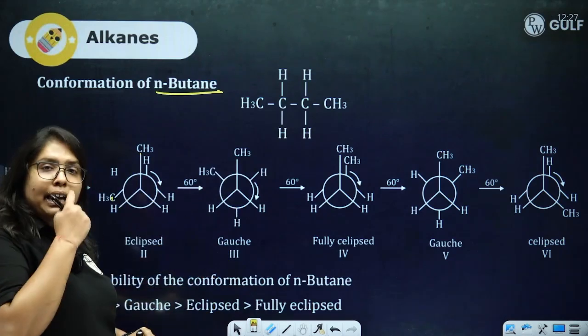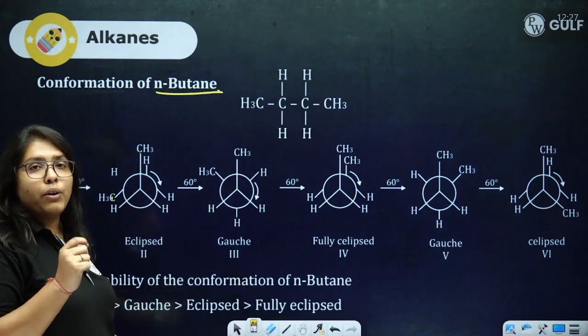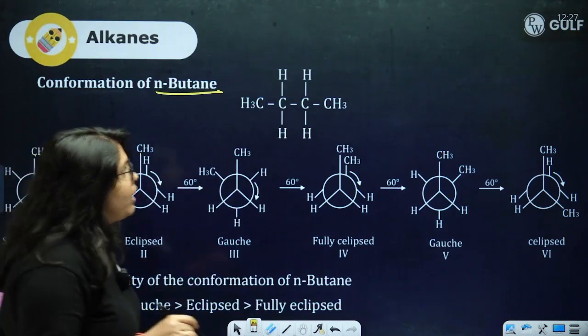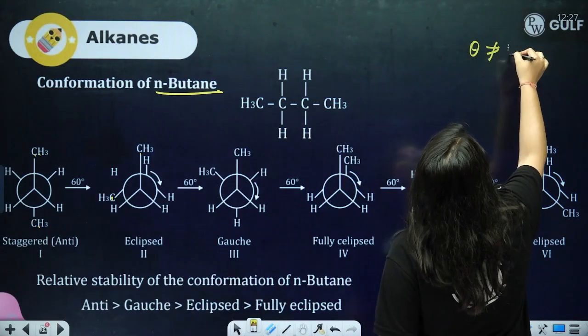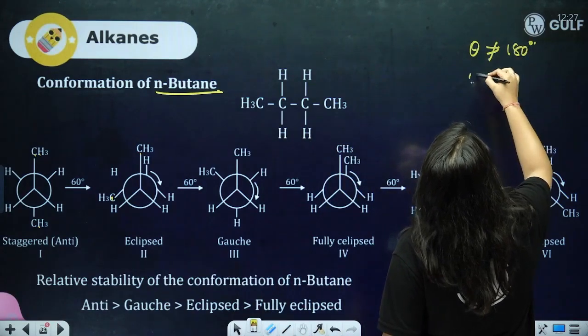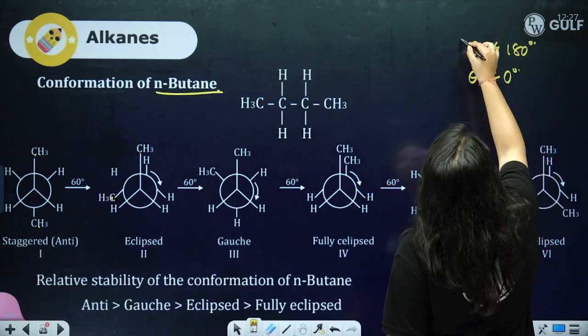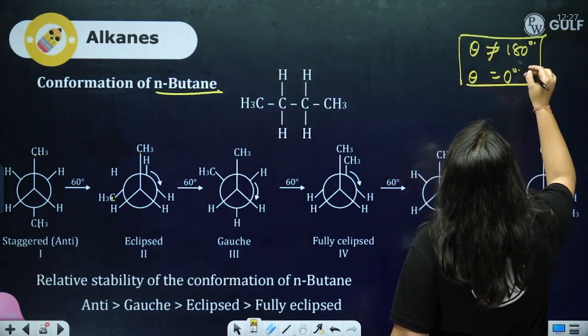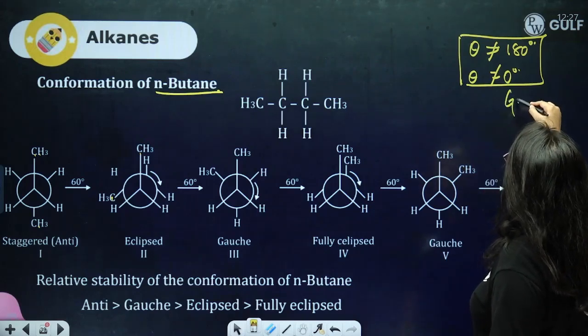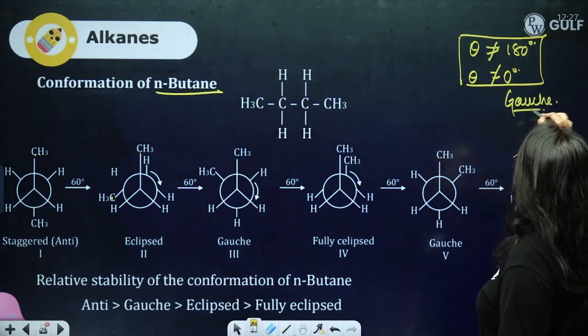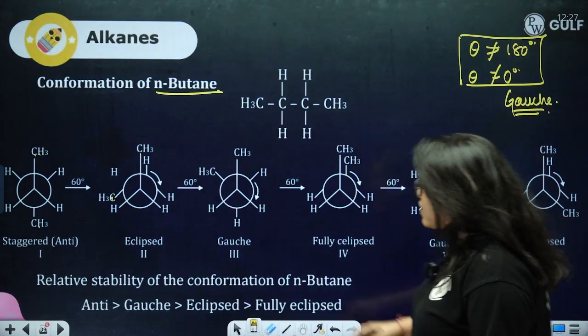If they are at any angle other than 180 degrees, okay, then it is gauche. If theta is not equal to 180 degrees and not equal to 0 degrees, if the torsional angle is not 180 degrees or 0 degrees, then in that case it is gauche.